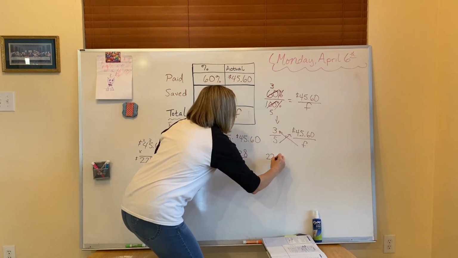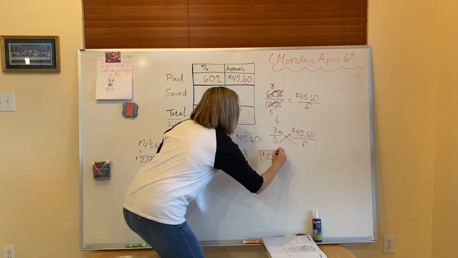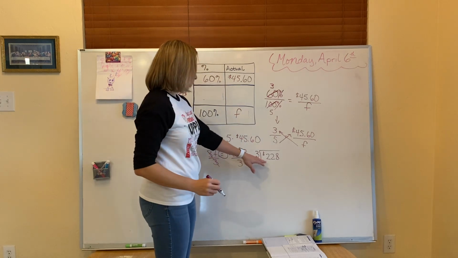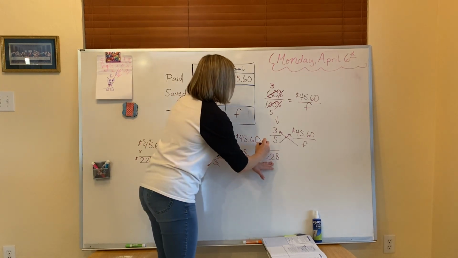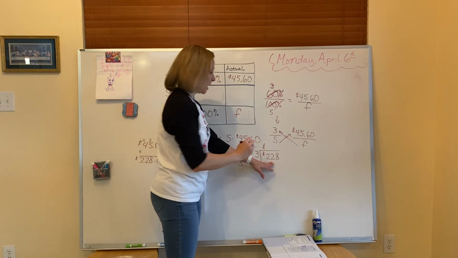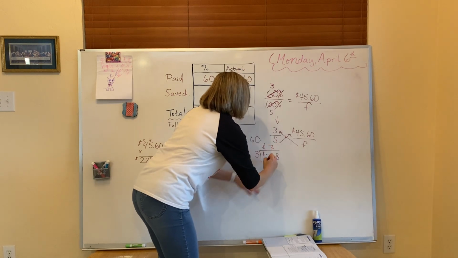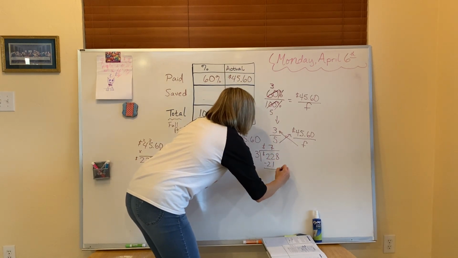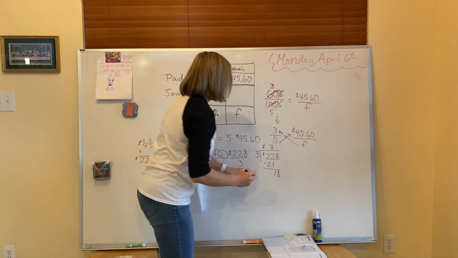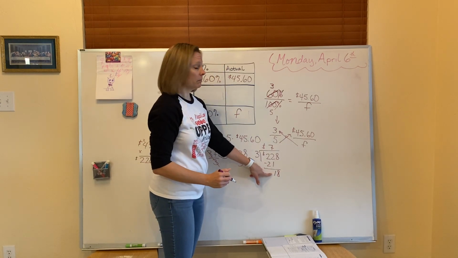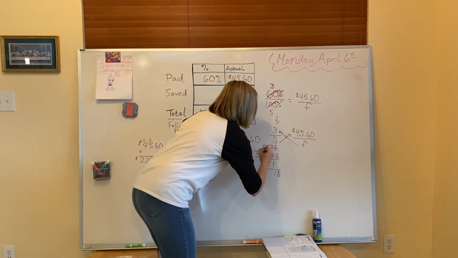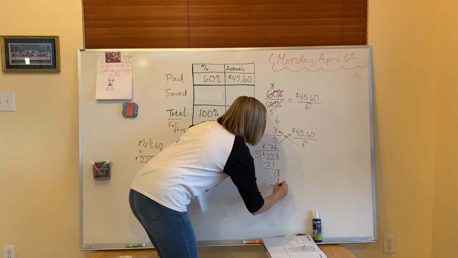I'm way down here at the bottom of my board. 3 goes into 22 7 times. It's 21. 3 goes into 18 6 times, which gives us 18.